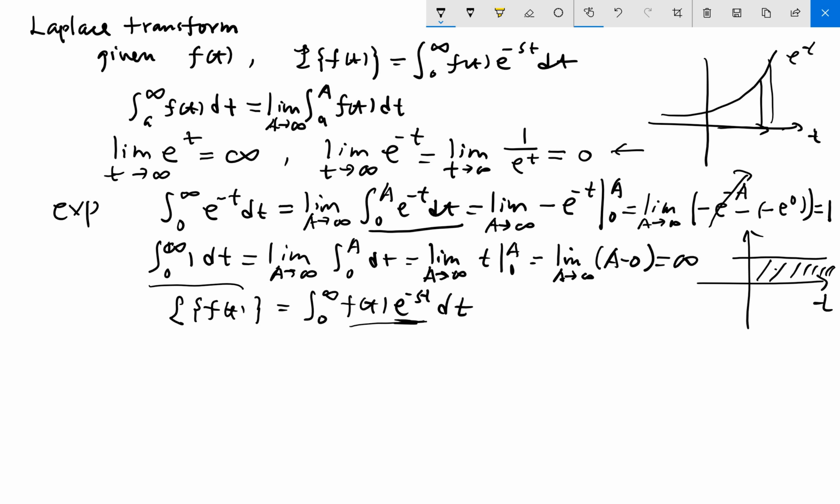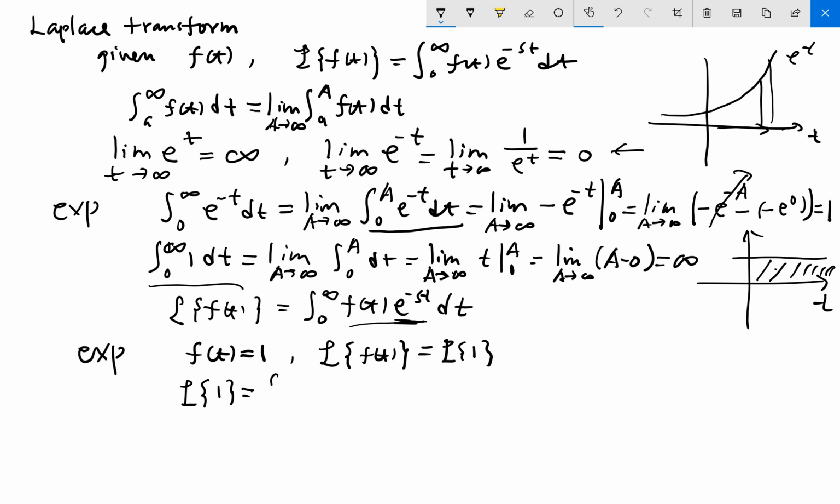Now let's look at some examples. How do we find a Laplace transform? The first example, say f(t) equals 1. In other words, we want to find a Laplace transform for f(t) equal to 1. When you learn math, everything is a definition. So by definition, the Laplace transform of f(t) equal to 1 is defined as an improper integral.